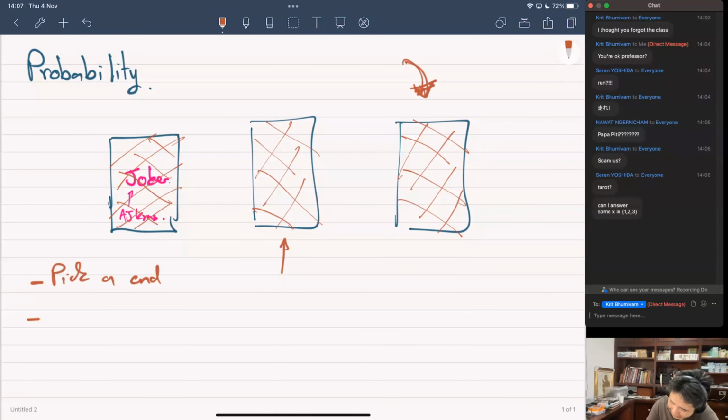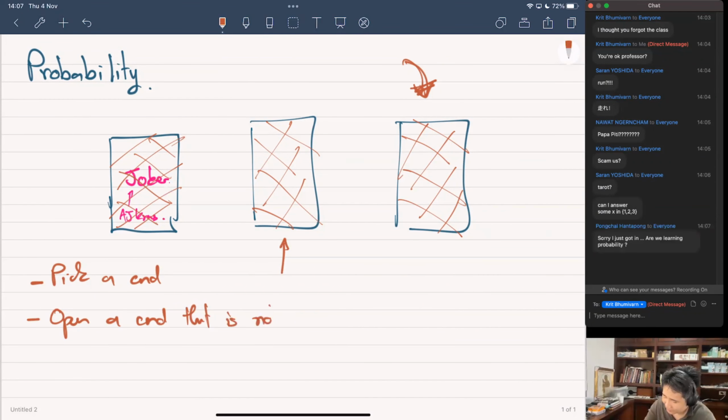So I'm gonna open a card that is not a joker. Okay. So that means, yes, you are learning about probabilities, but we are starting with a problem. I'll recap that again after I explain all the rules.